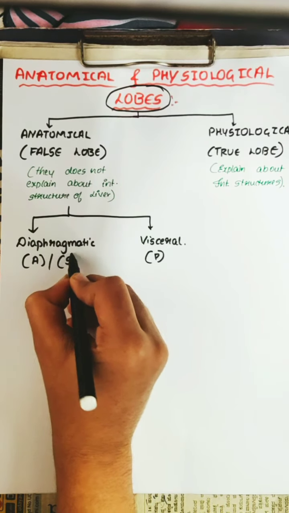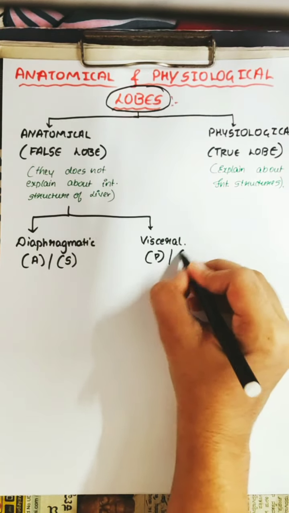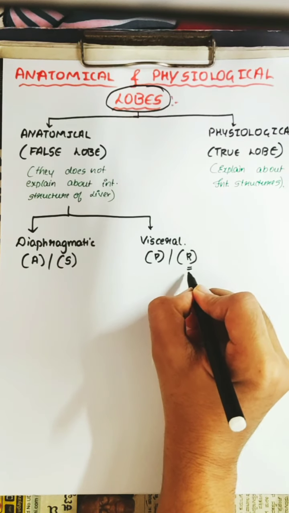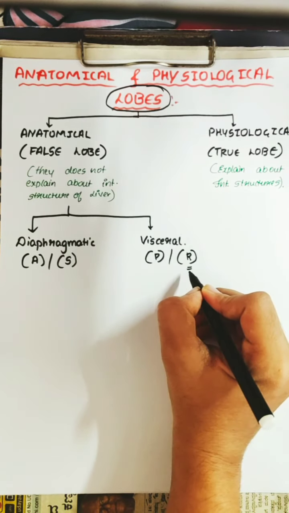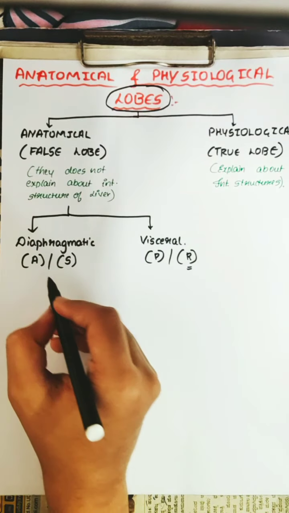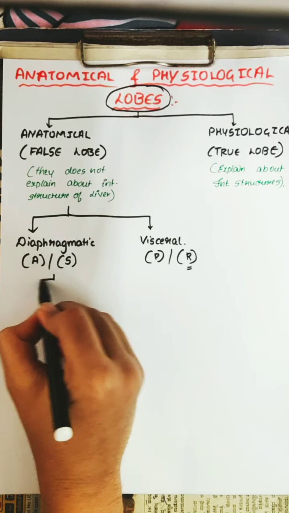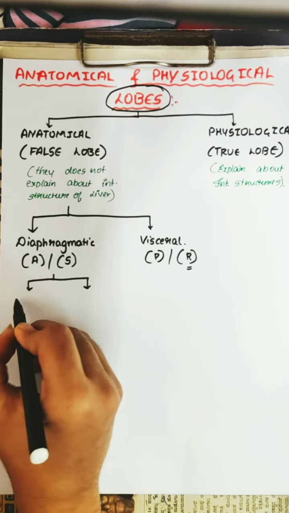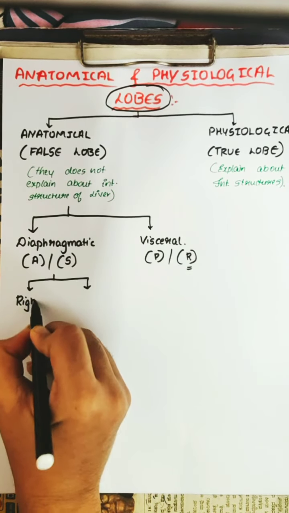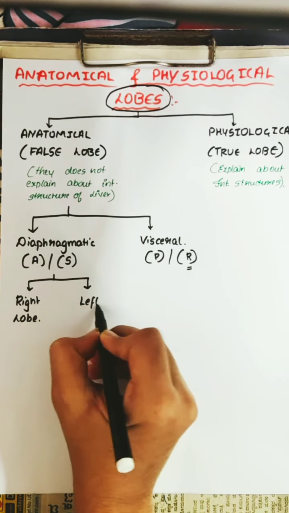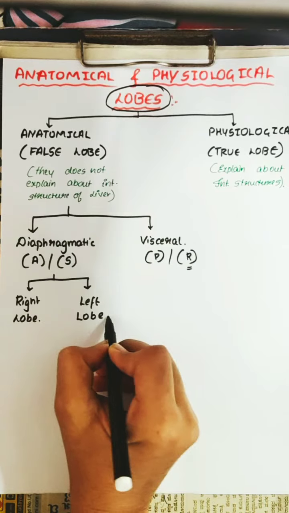Diaphragmatic surface is smooth in nature, whereas visceral surface is rough in nature due to the presence of various organs, arteries, veins, attachments. Diaphragmatic surface is further divided into two types, namely right lobe as well as the left lobe.